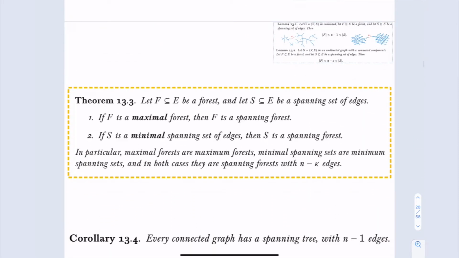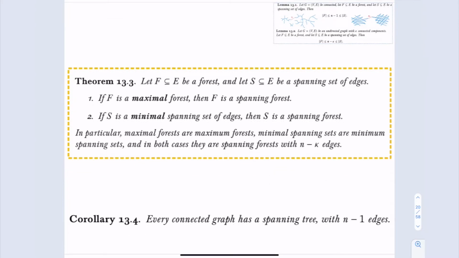Okay, so that fully resolves the first questions, which was how do I take a maximum size forest? It turns out maximal is good enough. And how do I take a minimum size spanning set? How do I connect the town? It turns out minimal is good enough.